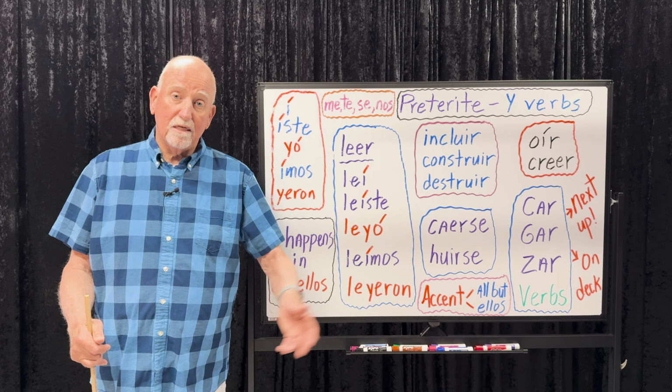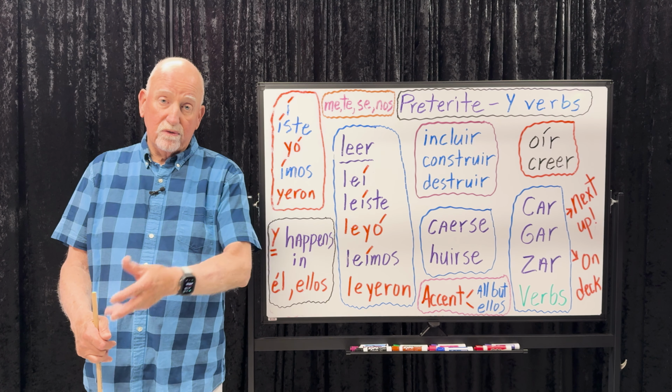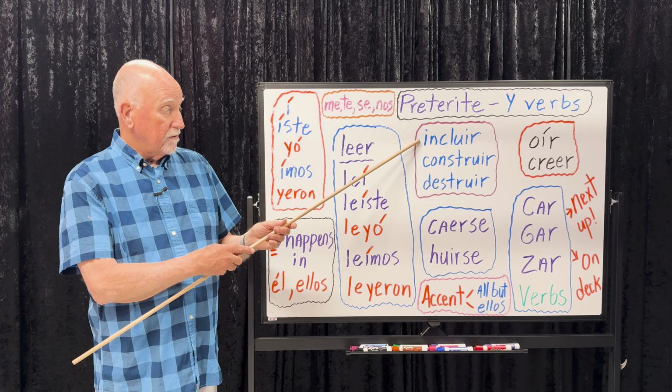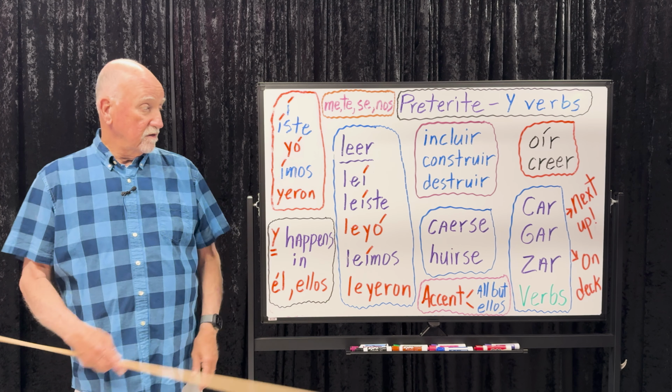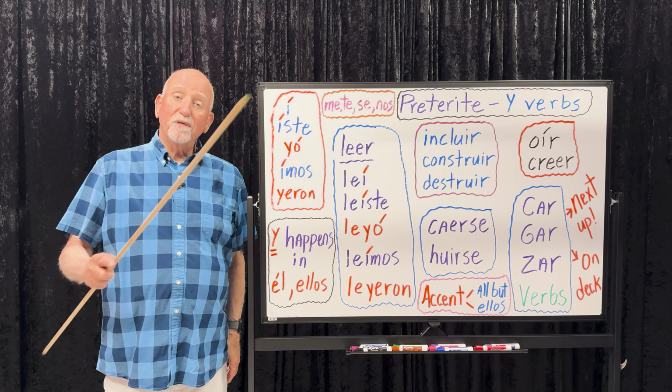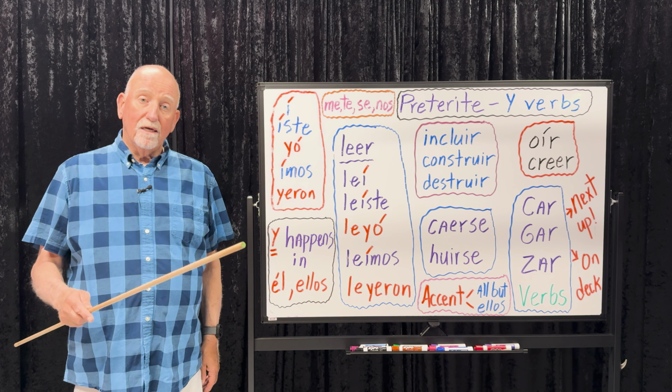If you're sending things in a package, did you include this? Did you include that? Include is important. If you're in the construction business, the verb construir, to build or to construct, very important. If you're in the demolition business, destruir is a very important verb. Destruir, to destroy.